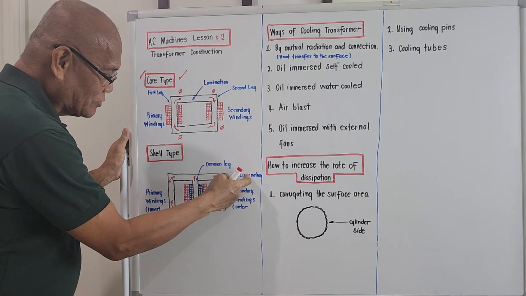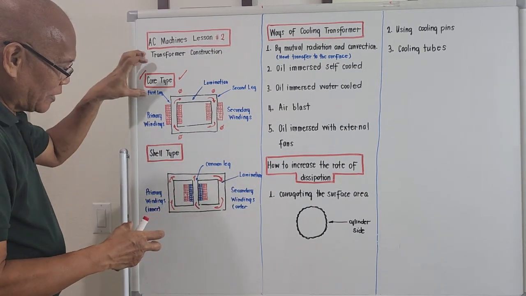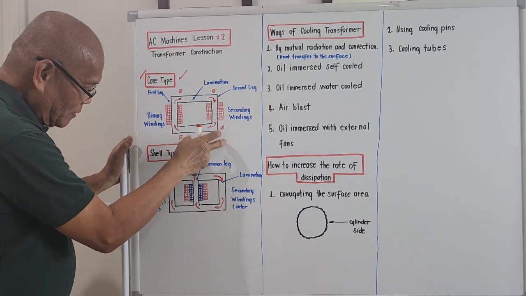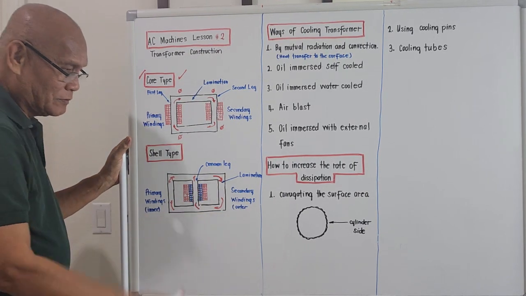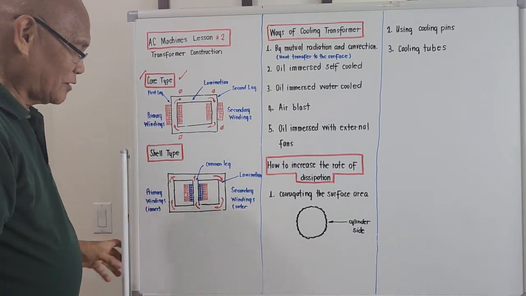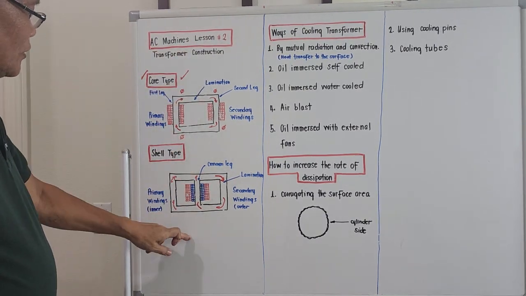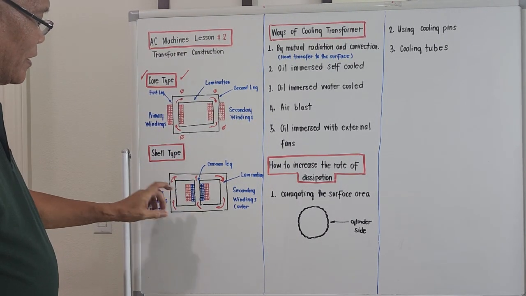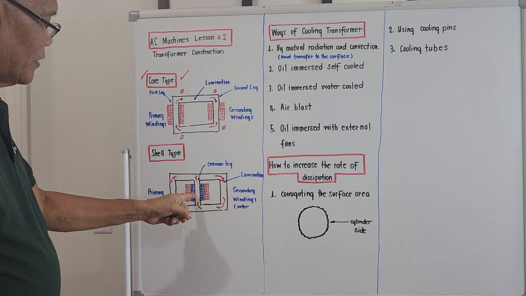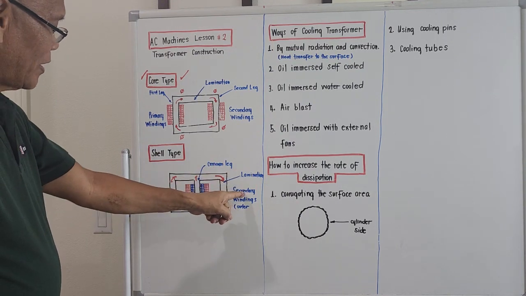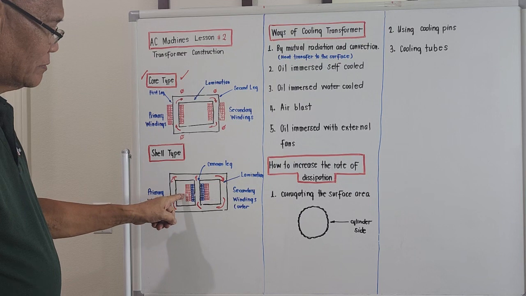That's for the lamination. So for the core type, this is the figure. For the shell type, this is the figure. So you can see the difference. Core type, shell type. Primary winding is the inner one, the one in blue, and the secondary winding is the one with the red cross-section.